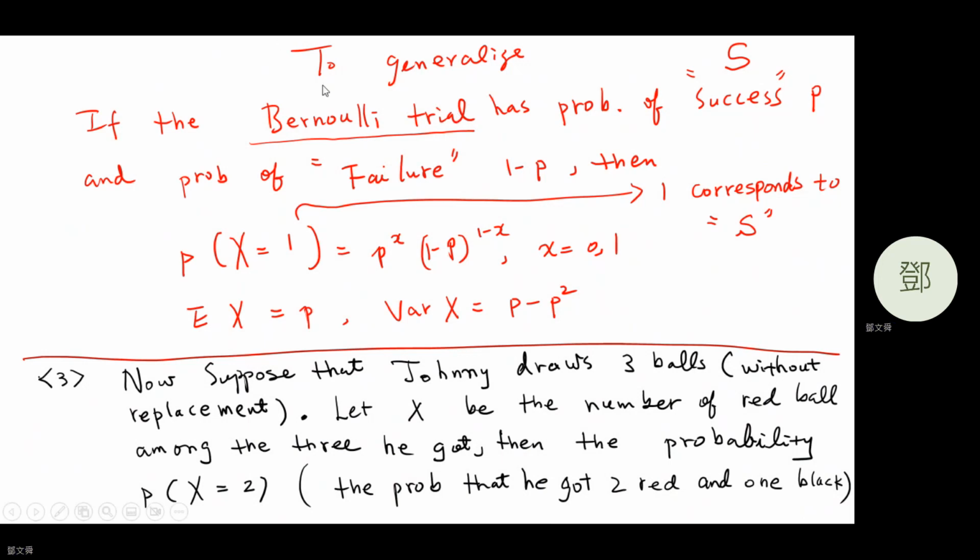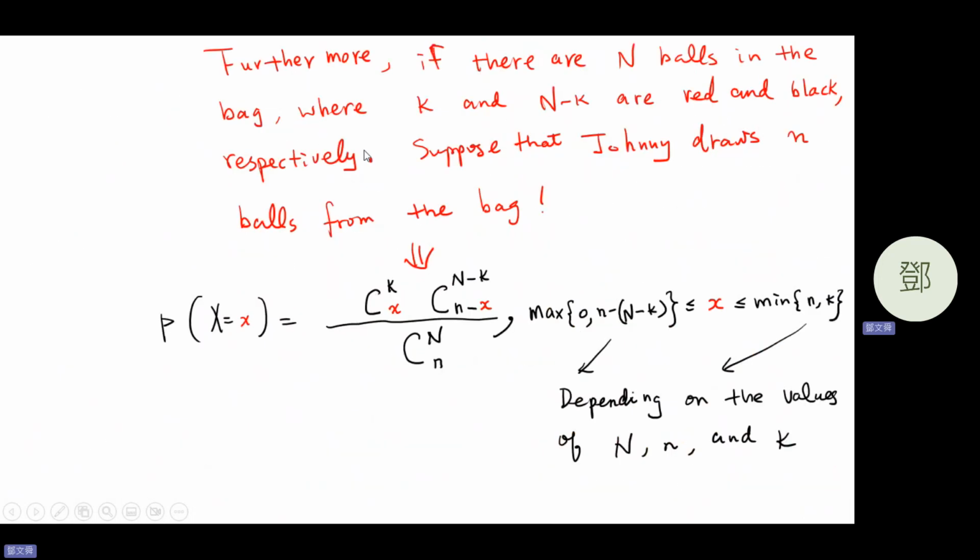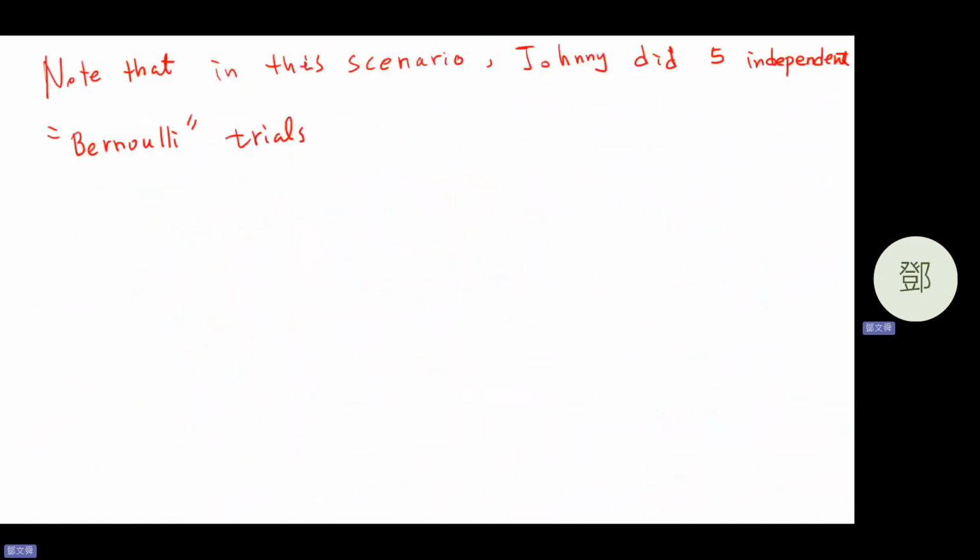So the Bernoulli trial is done just once, but here Johnny did 5 times of Bernoulli trial.